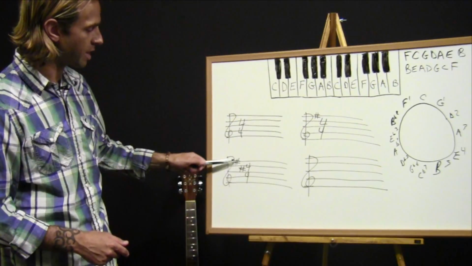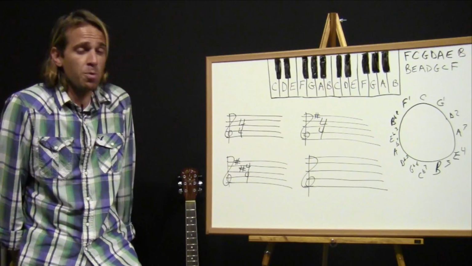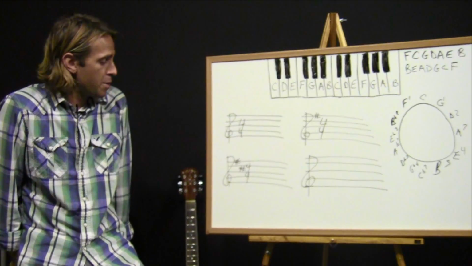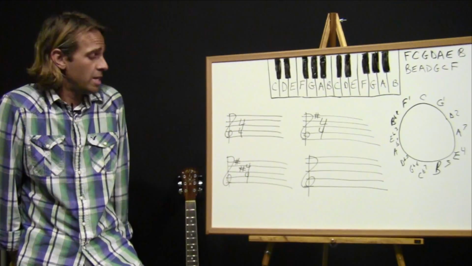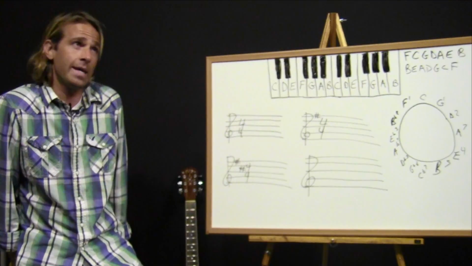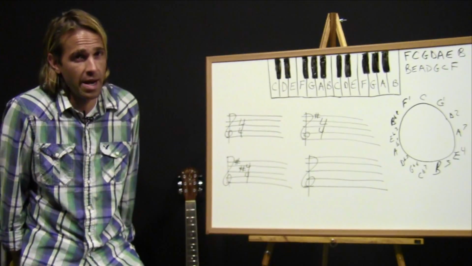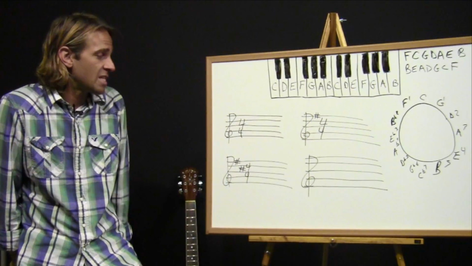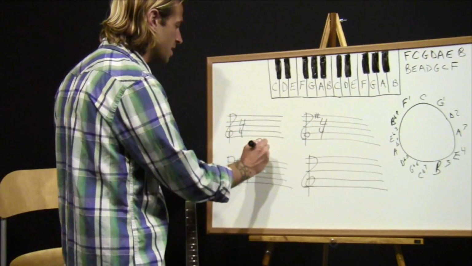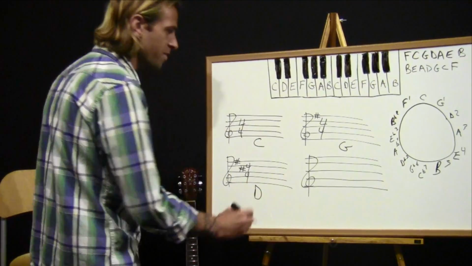Showing that at the beginning tells us that every time you hit a C or an F, you have to make sure it's sharped, on your guitar, piano, bass, or vocal line, not a natural, or it will not fit in the key of D major. So this would be the key of C, this would be the key of G, and this is the key of D. There's a few examples.